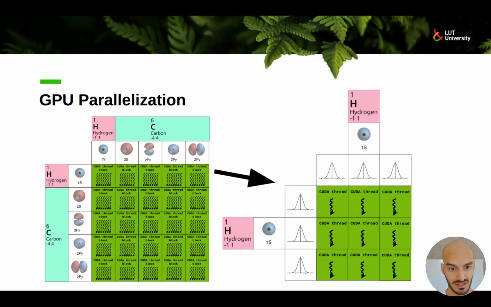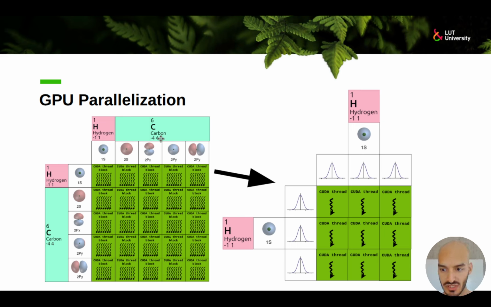So suppose we have this two atom system. So we're going to have a hydrogen and we are going to have carbon. I'm going to explain how this is being done in parallel on a GPU.